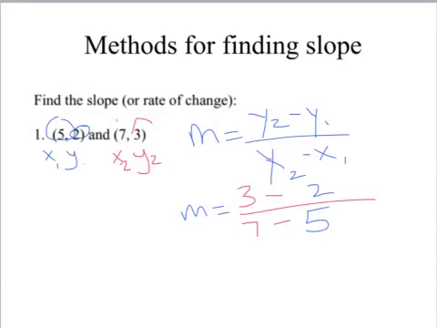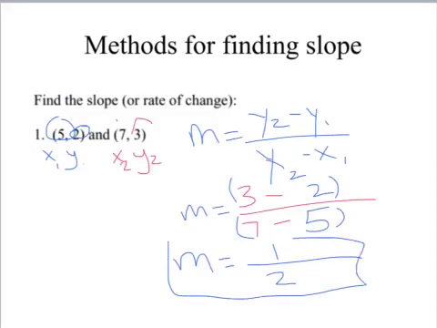So I should have 3 minus 2 over 7 minus 5. So when I simplify that, I want to do the subtraction first, because even though there's not a parentheses there, one is kind of implied. So 3 minus 2 is just a 1, and 7 minus 5 is a 2. So 1 over 2 can't be simplified. This is just my slope.